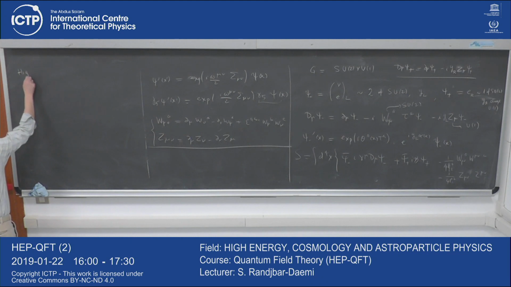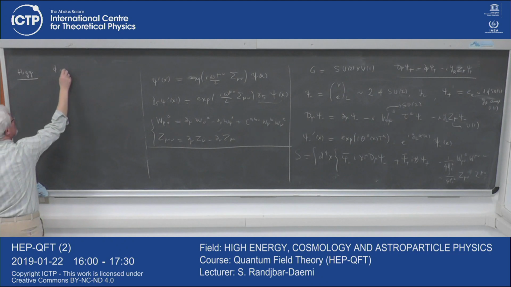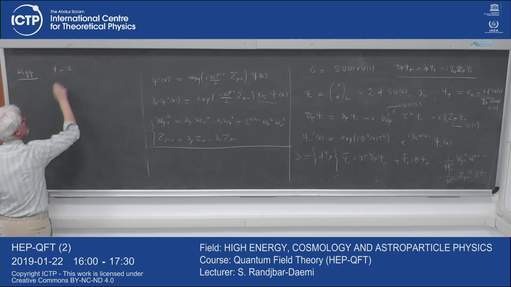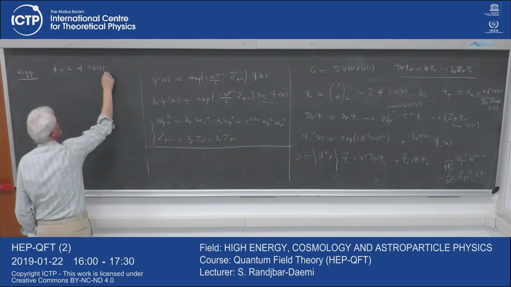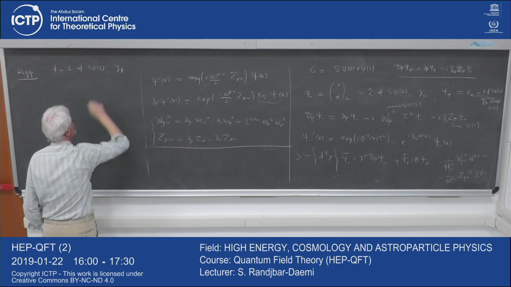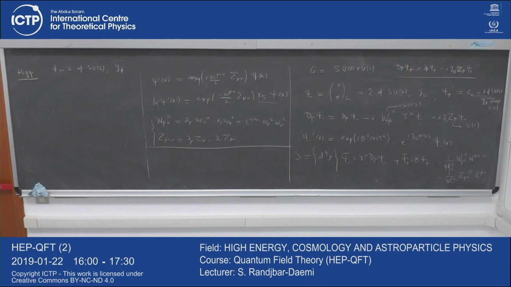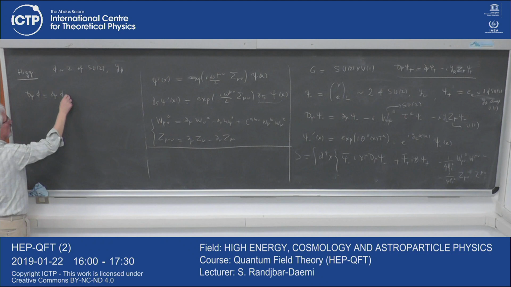So there is a scalar field phi which transforms in the doublet representation of SU2, and it has a U1 charge Y phi. Again, as soon as you say what's the representation content, you can immediately write down what's the covariant derivative.